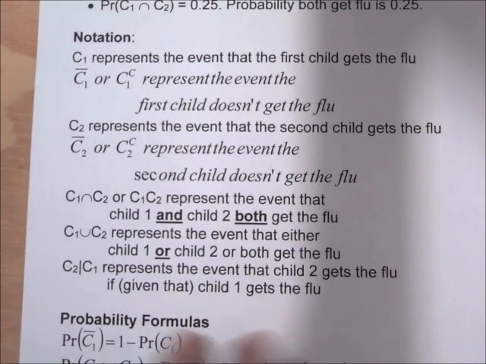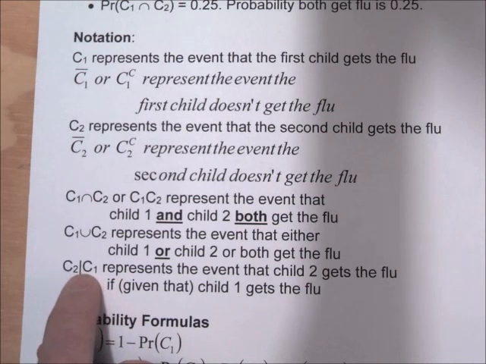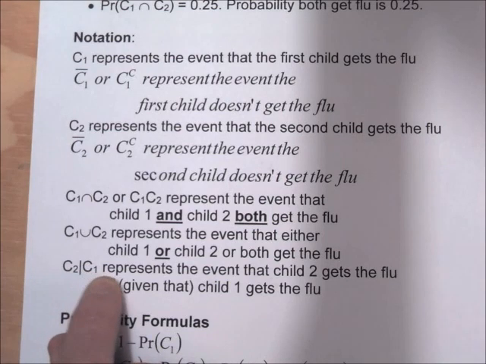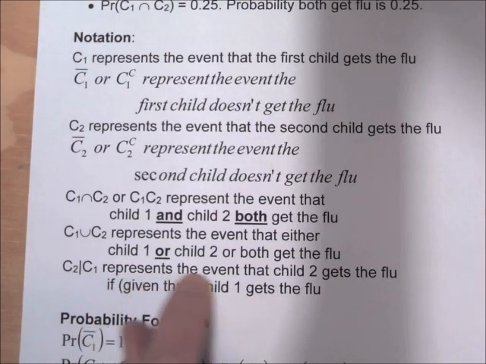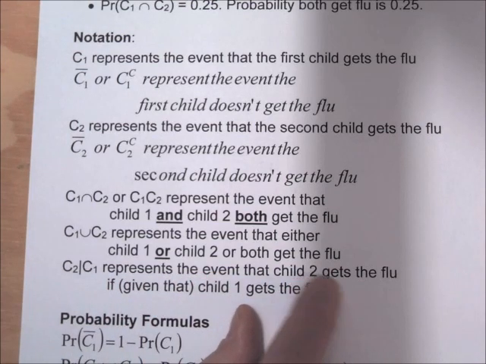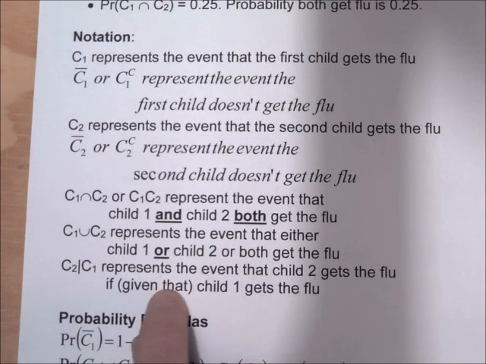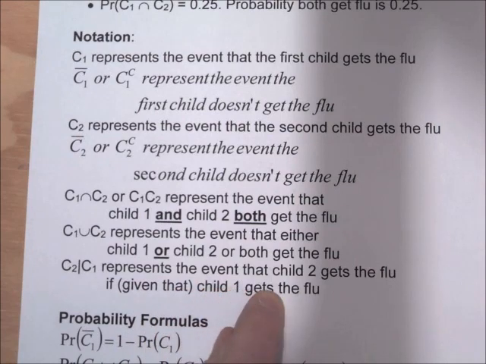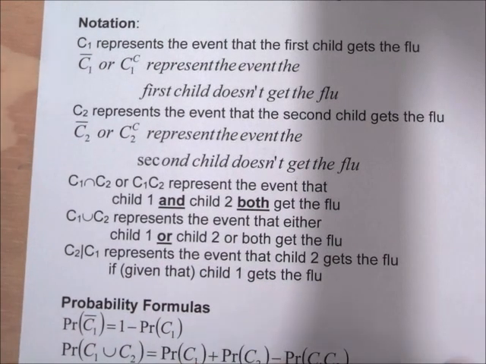And then C2 vertical line C1 is called a conditional event, and that represents the event that the second child gets the flu given that the first child gets the flu.